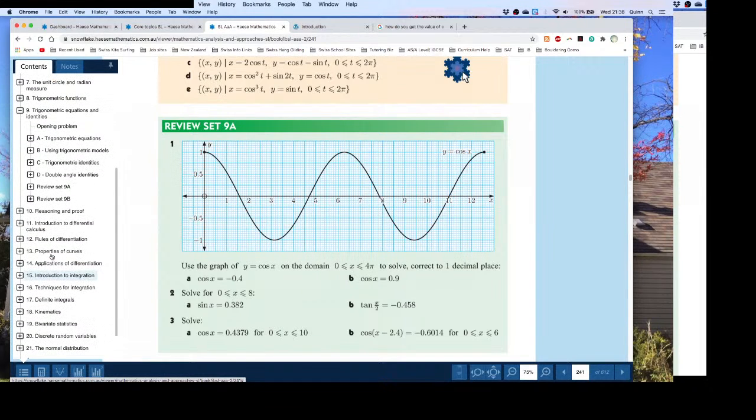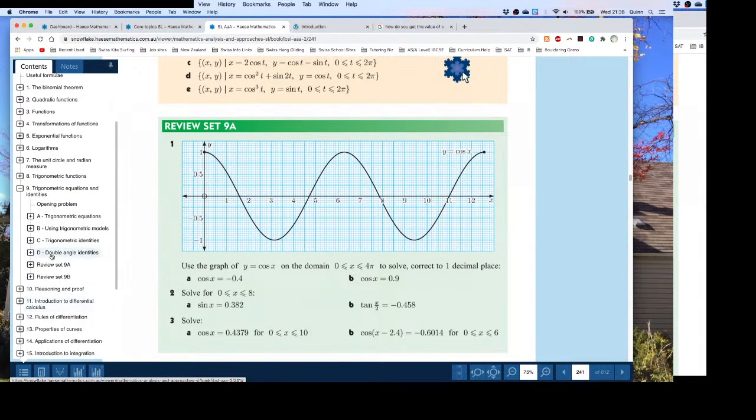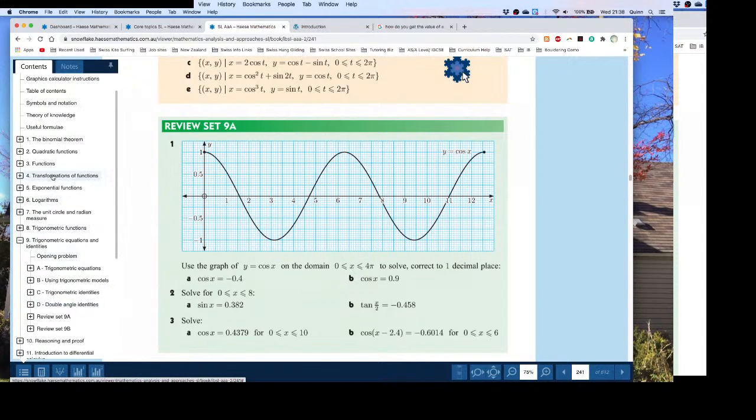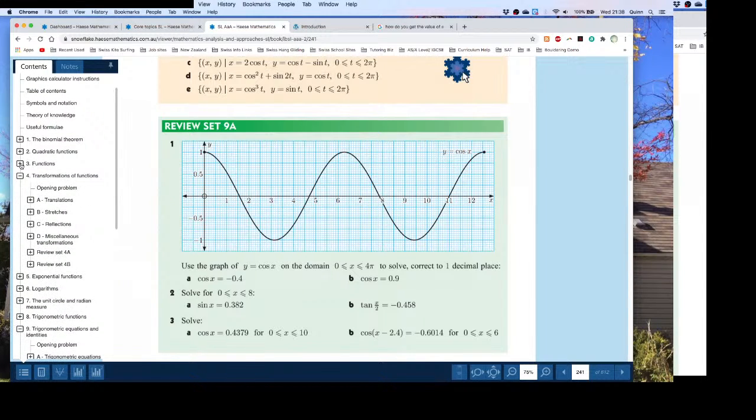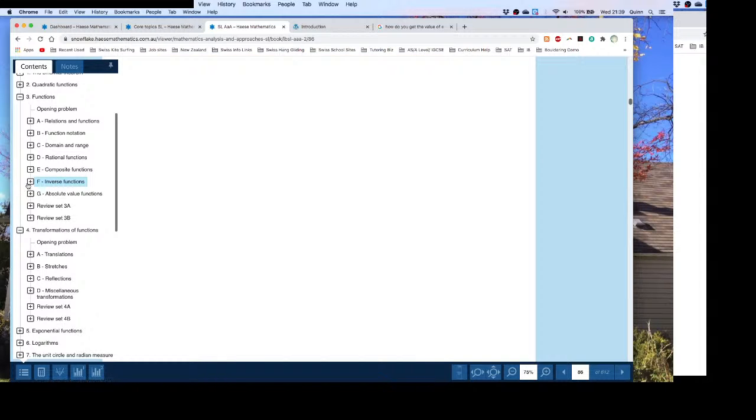You're not doing integration, you're not doing differentiation. Unit circle, logs, transformations. You guys want to look at anything with transformations or functions? You know how to do composite functions, inverse functions. We can look at this. Inverse functions can be tricky if they use logs.